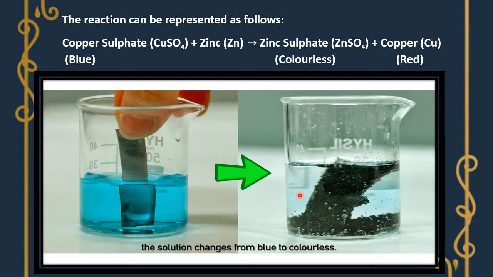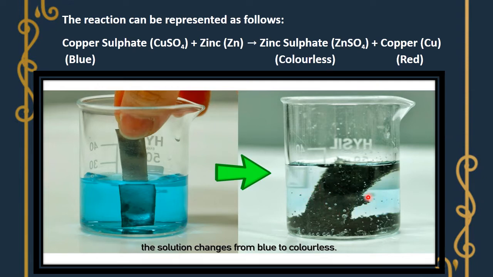Why does it become colorless? It becomes colorless because a displacement reaction has taken place. Zinc, as it is more reactive than copper, displaces copper from copper sulfate solution. As a result, instead of copper sulfate, now we are getting zinc sulfate, and zinc sulfate is colorless. So that's why this observation is made.